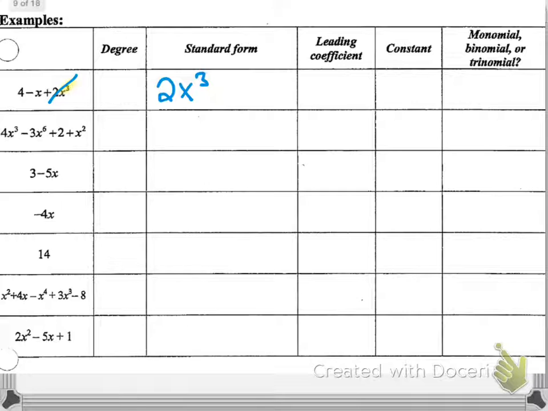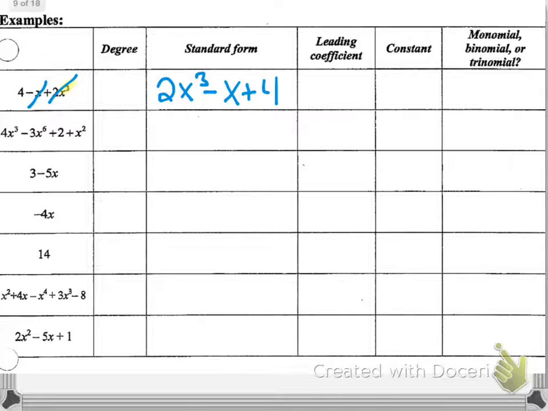The next highest degree would be x, or negative x. And remember that that negative sign is staying with the x, so you always take the sign that's in front. So we have 2x cubed minus x, and then the last piece would be 4. And since there's no sign in front of the 4, we assume it to be positive.